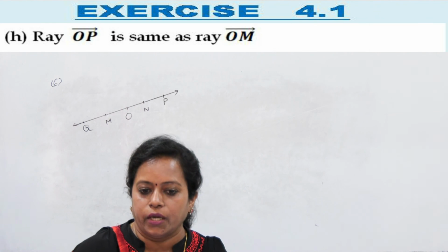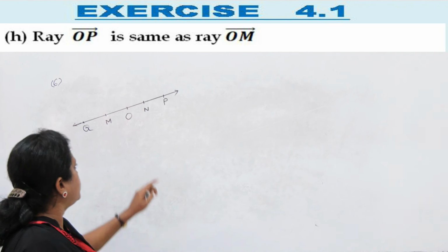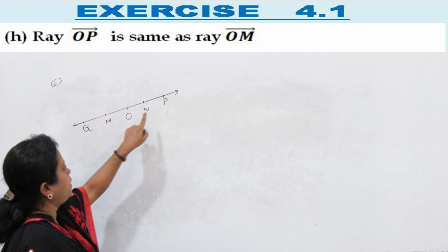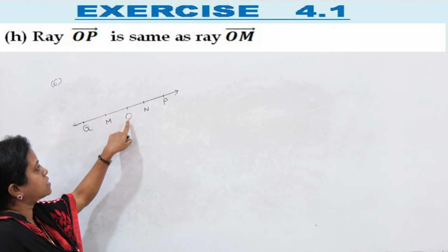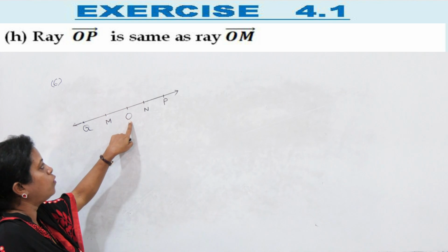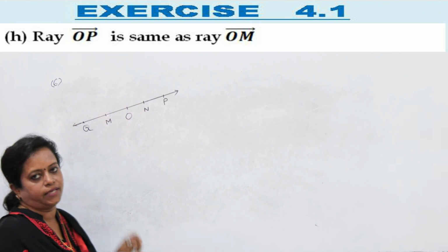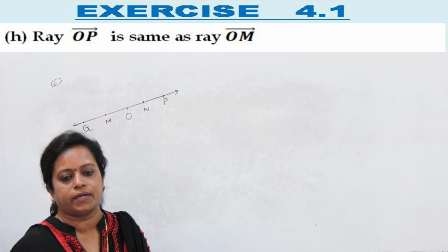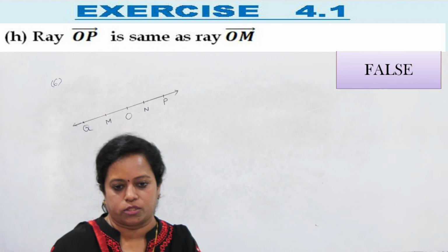H. Ray OP is same as ray OM. Both start from the point O, but OP moves in one direction and OM moves in the other direction. So this statement, that is statement number H, you will find that it is false.